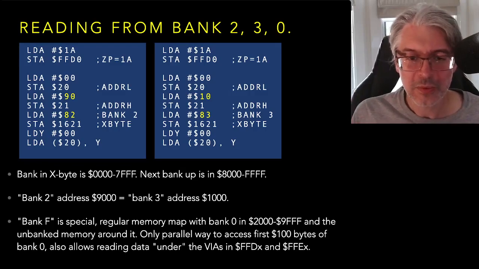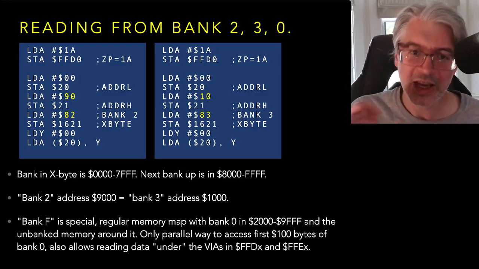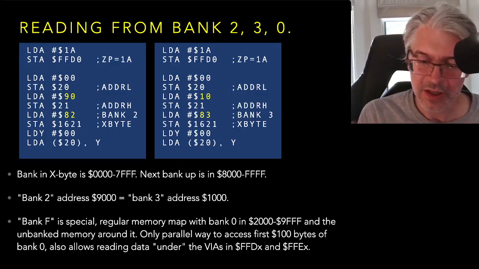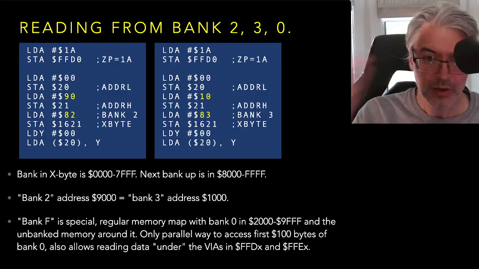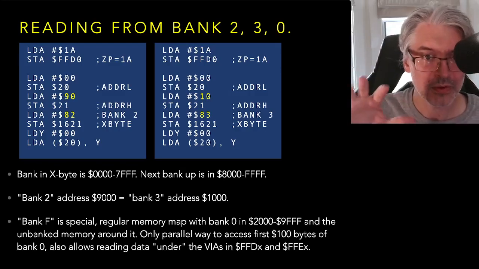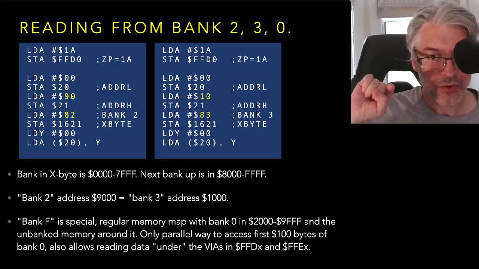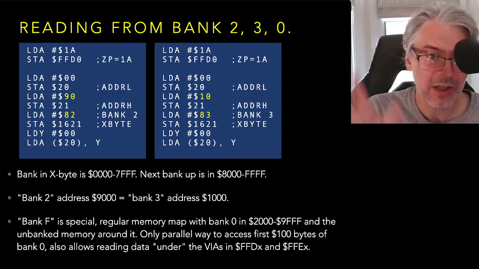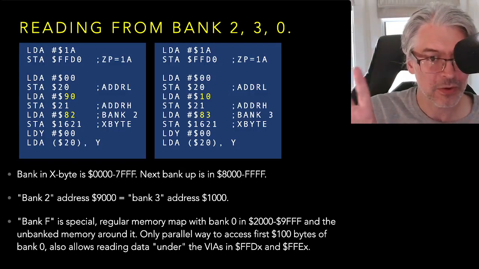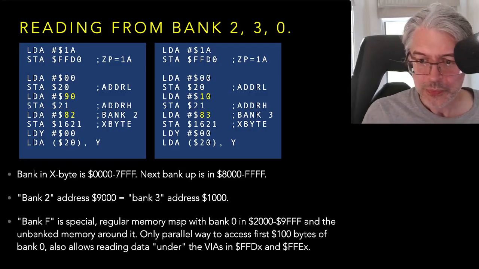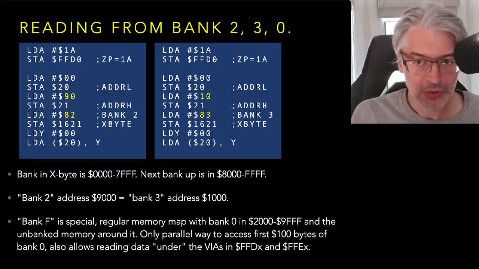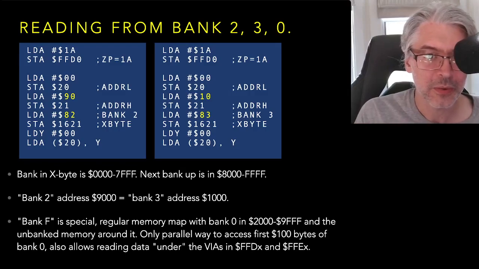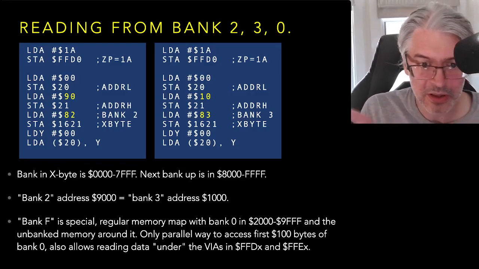So what this means is that when the X byte, the thing in 1621, says bank 2, that means the addresses from 0 to 7FFF are in the bank we referred to, and the addresses from 8000 to the top are in the next bank up. So if you have bank 2 at the bottom, bank 3 is right above it. If you have bank 3 at the bottom, bank 4 is right above it. So these two boxes actually are retrieving the same byte. One is calling it the 1000 byte of bank 3, and one is calling it the 9000 byte of bank 2, but it's the same byte.